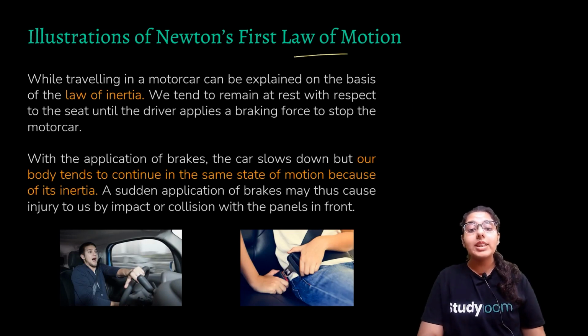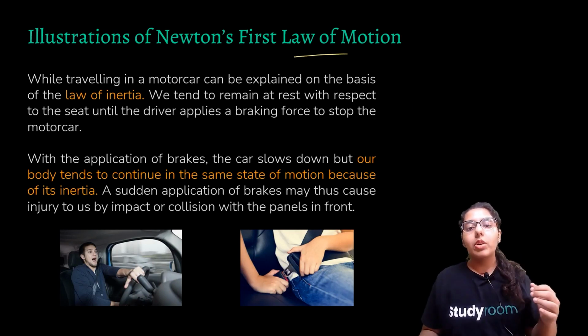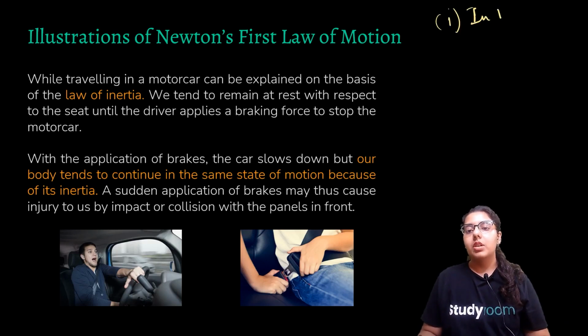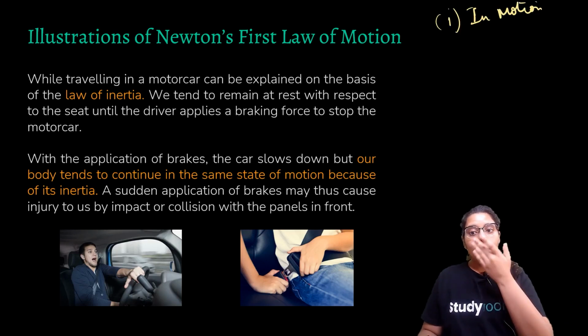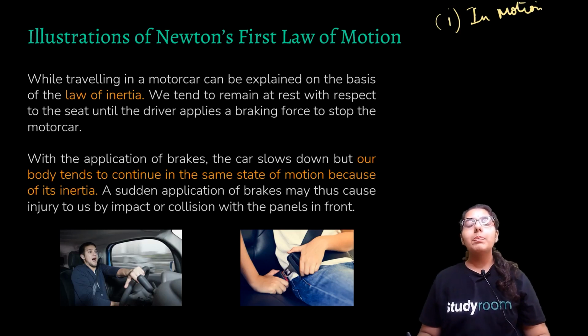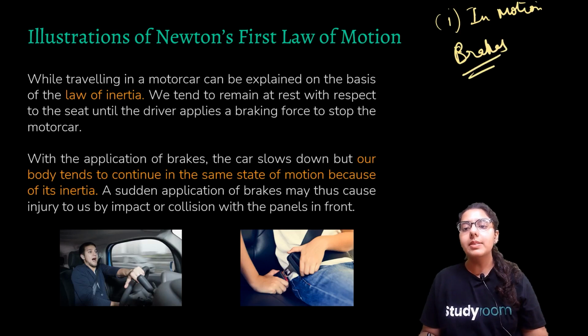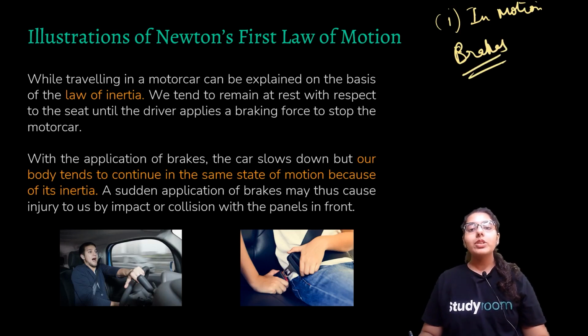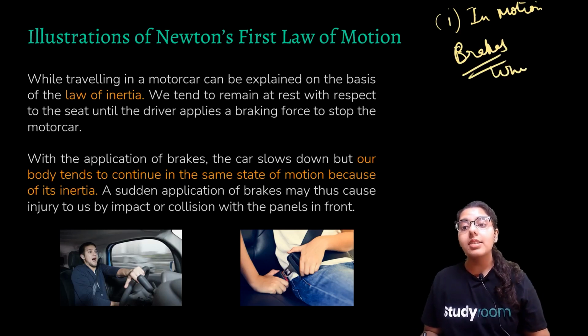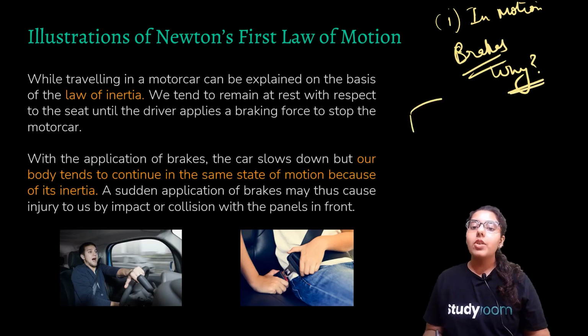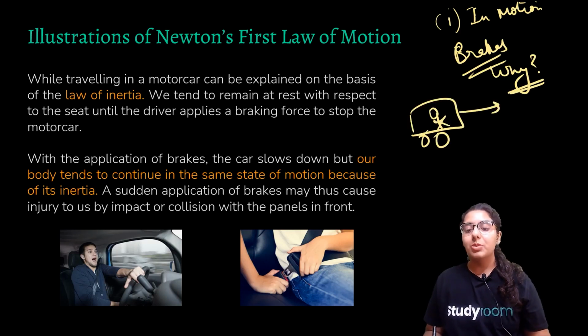Have you ever seen this, that while traveling in a motor car, for example, if a motor car is already moving, already in motion, and suddenly brakes are applied, you are suddenly pushed in the forward direction? But why does this happen? Because when your car was moving, you were inside the car and you were also moving with the car, right?